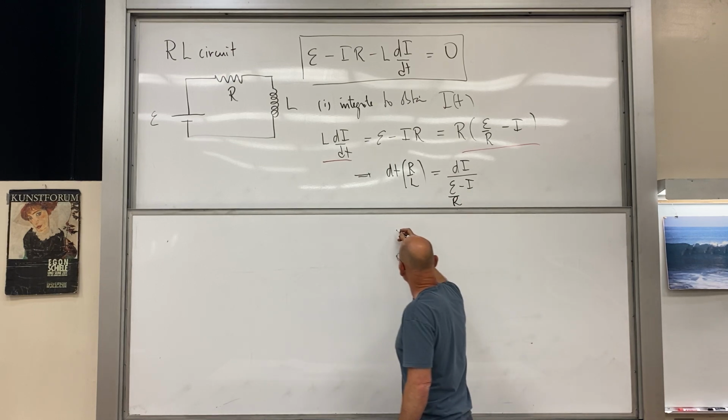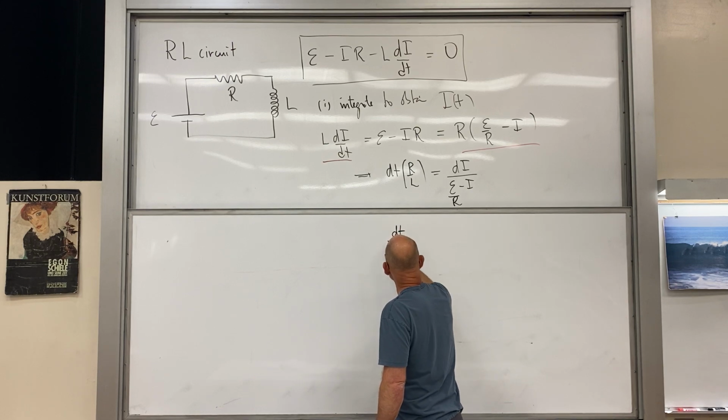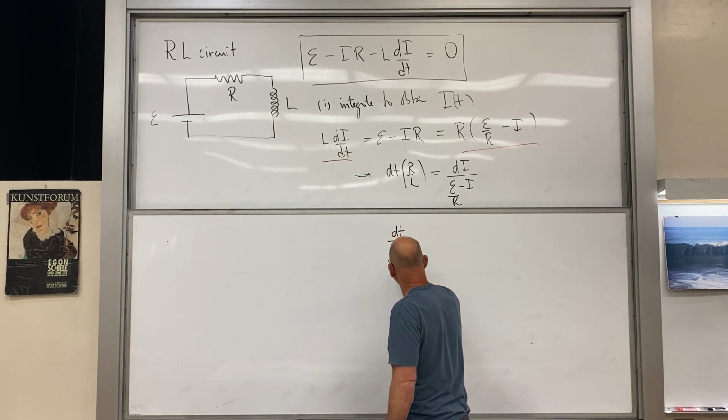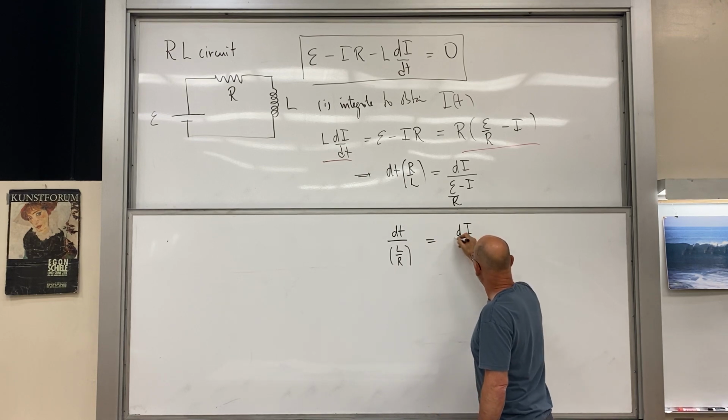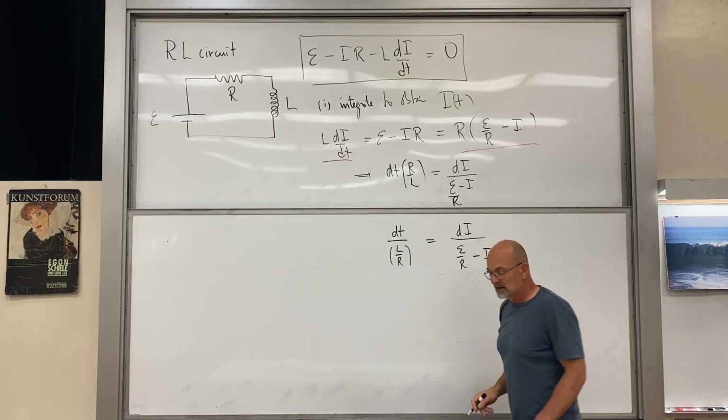There's actually a lesson here. dt, let's go ahead and put the L over R in the denominator, di over E over R minus I.